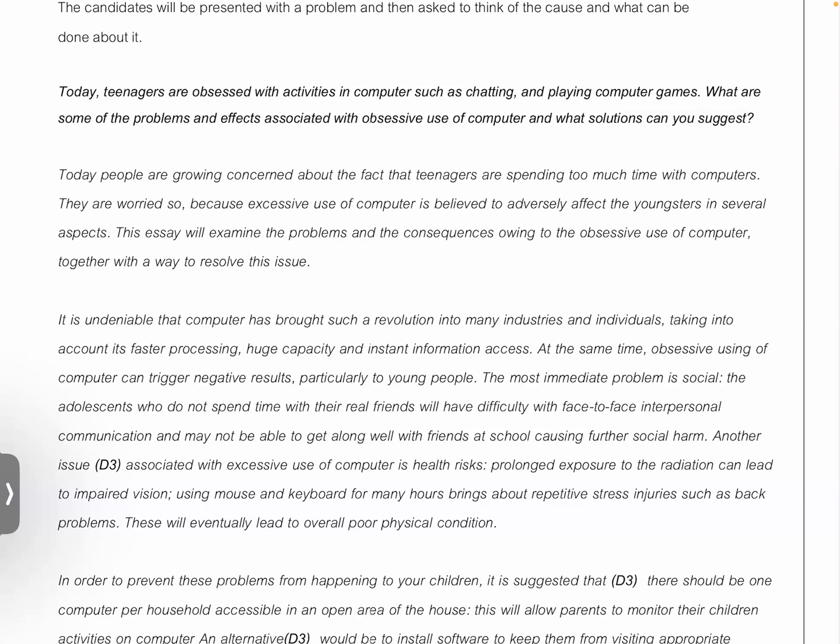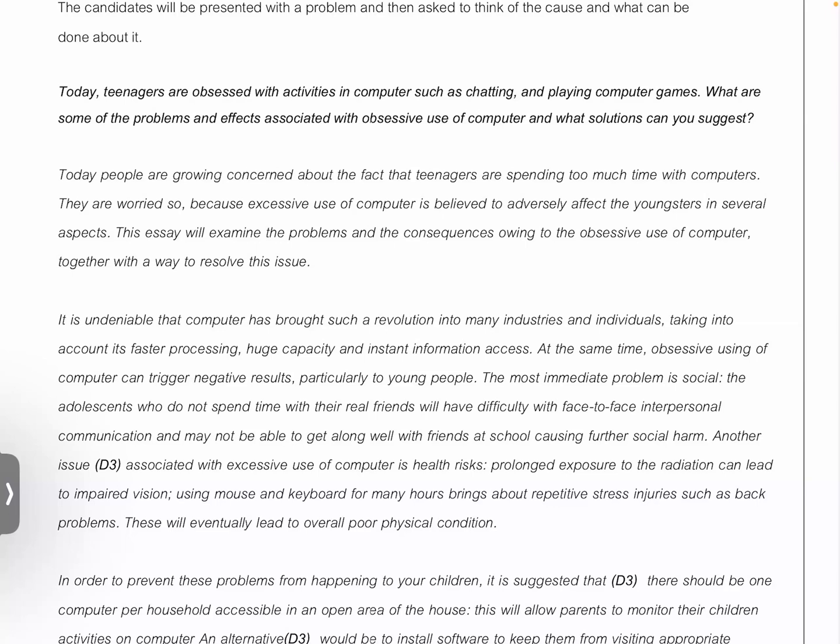In this case, the ongoing situation is that young people are spending too much time on computers. And the next statement is trying to raise awareness of these problems. Why do we care about this ongoing situation? It is because spending too much time on computer can bring about some adverse effects on youngsters. And this essay will examine the problems and the consequences owing to the obsessive use of computer, together with a way to resolve the issues.